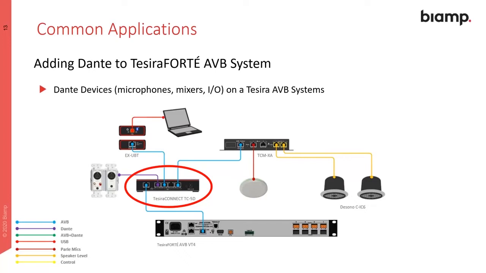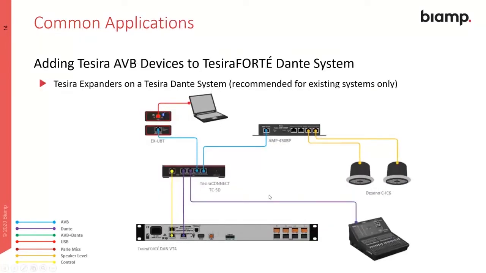The other example is if you already have a Tesira 40 DAN, for example an existing Tesira 40 DAN VT4, and it is connected to your console, and at the same time you want to use the PoE amplifiers, which are over AVB. As I said, all the blue lines are AVB and the purple lines are Dante.